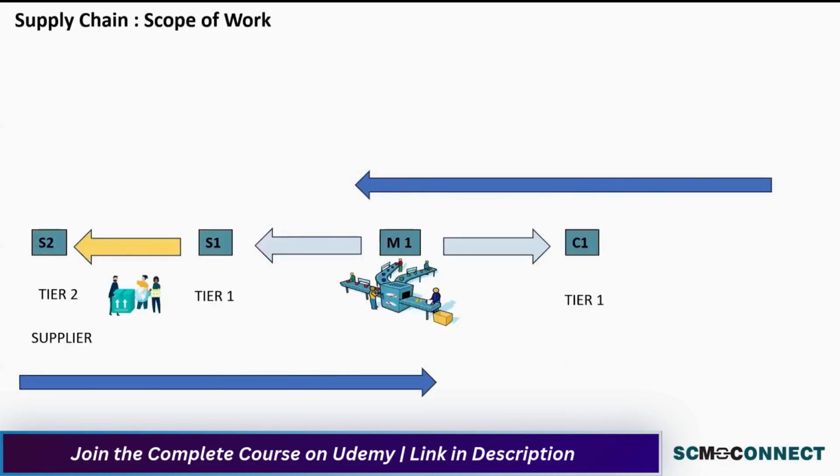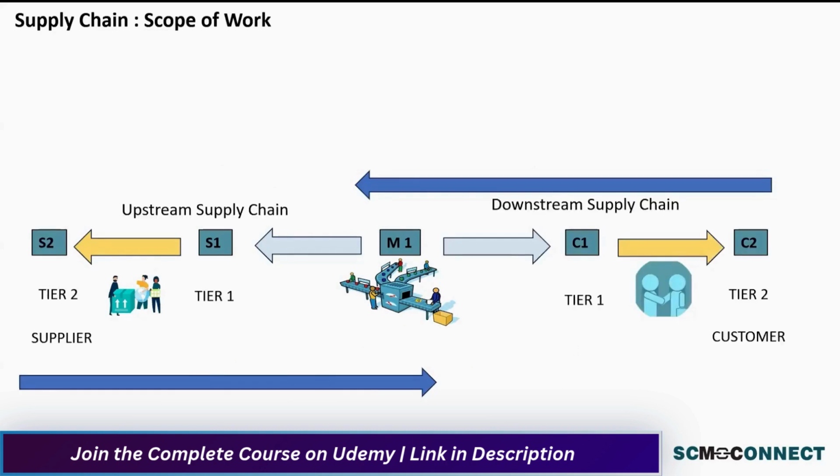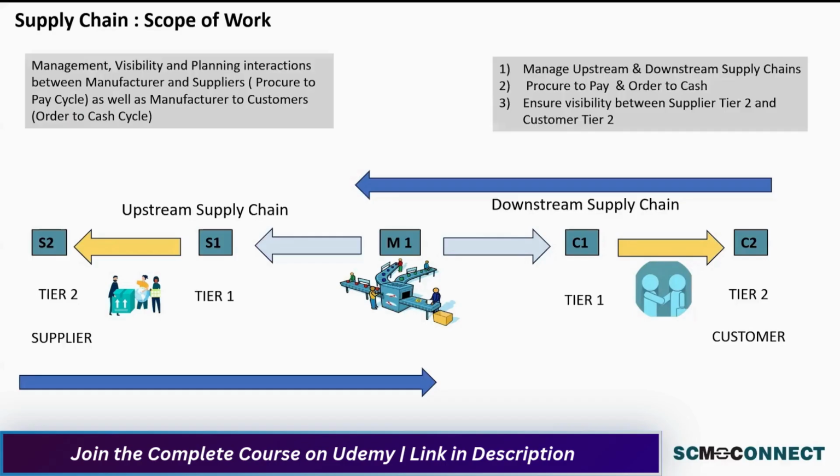One important thing about these two cycles, if you look at this upstream and downstream supply chain, is that planning is always from customer to suppliers. So the planning starts from tier 2 customers to tier 1 customers, then basis the demand, you start manufacturing, and basis your manufacturing plans, you start procuring, right?